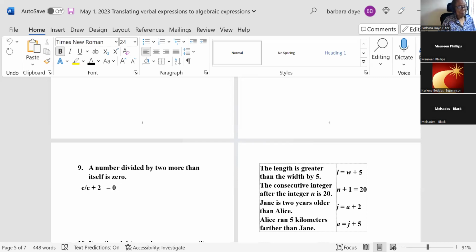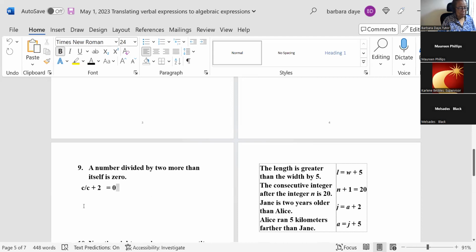That's it. This C is divided by C plus two because it says two more than itself. So you just put that number variable again and then add the two. And that's your answer.